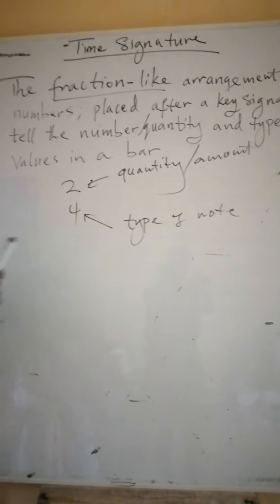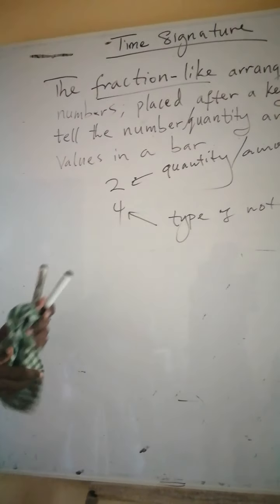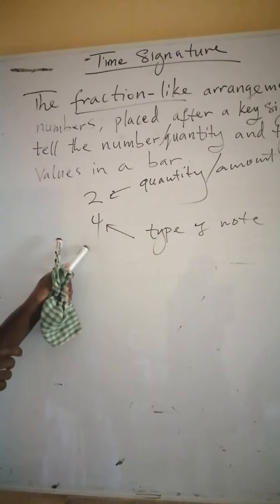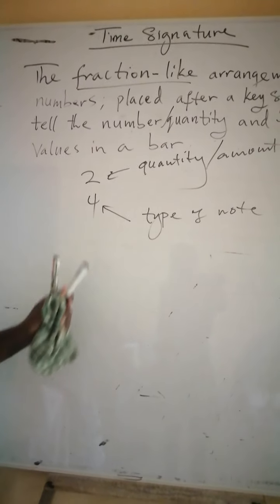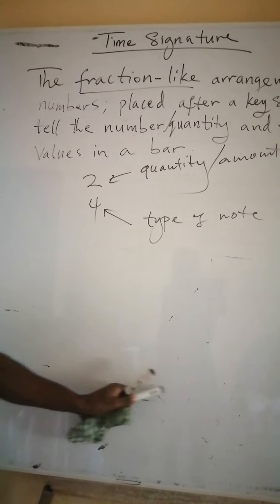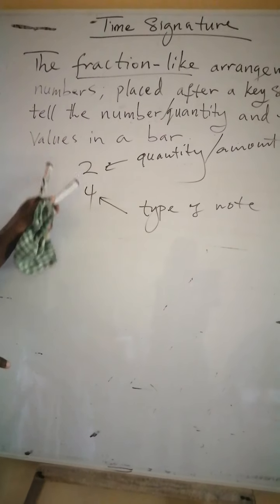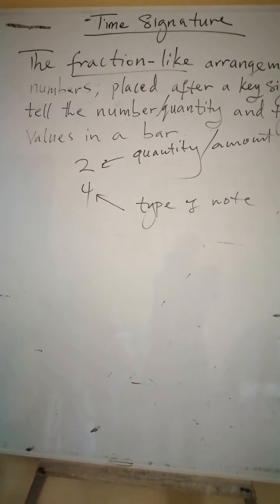Okay, so in this case, how do we read this? It means that this 2, 4 means 2 crotchet beats. Remember, we gave 4 to a crotchet. 2 crotchet beats in a bar.